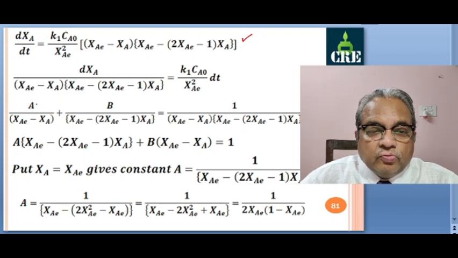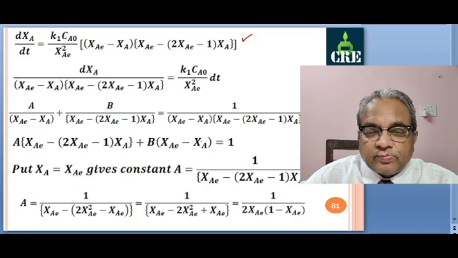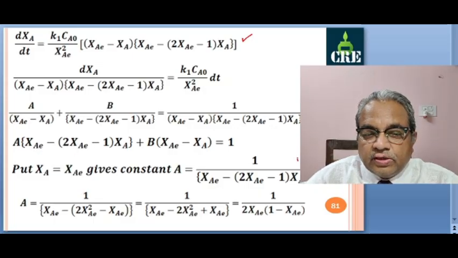So we solve this. Write the numerator as A into this complete term plus B into (XAe minus XA) is equal to 1. So equating the numerators, if I substitute XA is equal to XAe, this becomes 0 and XA is XAe. So A becomes 1 by XAe minus (2XAe minus 1) times XAe.